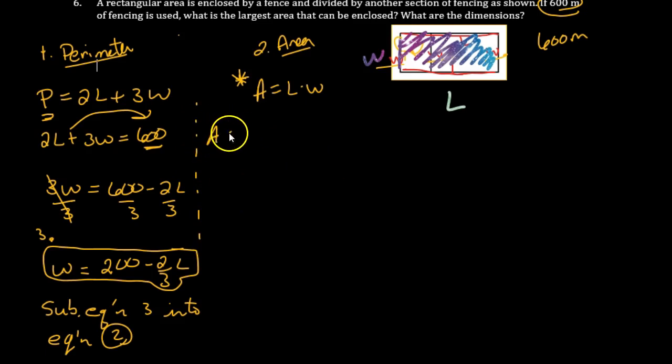I have area, and we still have L, times, we don't have W anymore. W gets replaced, because that's what equal means. Equal means you can write it a different way.